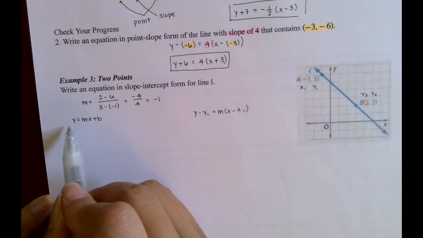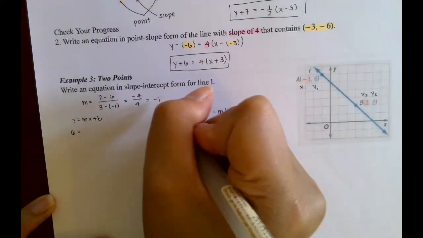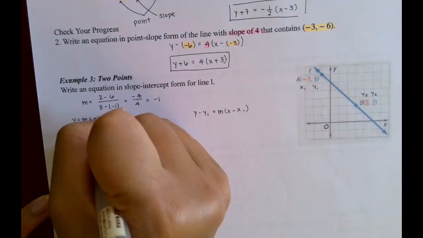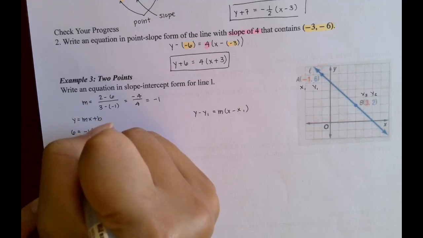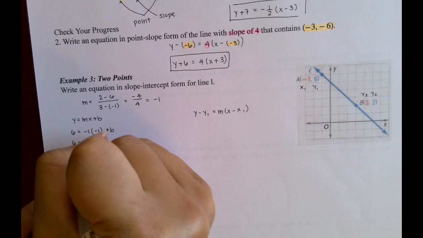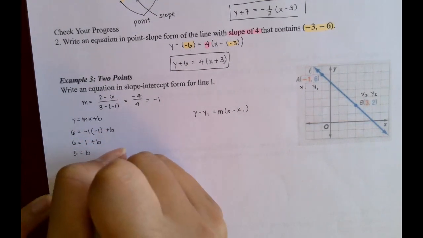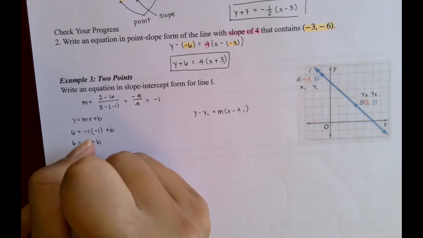I'm going to plug it into x and y. So 6 for y equals, my slope is -1. And then the x for that is also -1. And then plus b. And solve for b. So -1 times -1 is +1. Subtract 1 on both sides, I get 5 equals b. So here, y equals -1x, or -x plus 5.